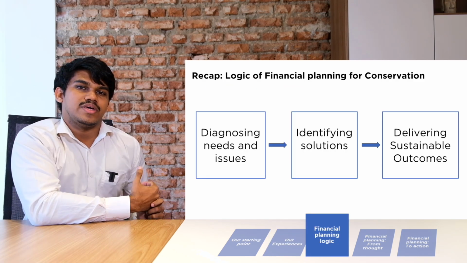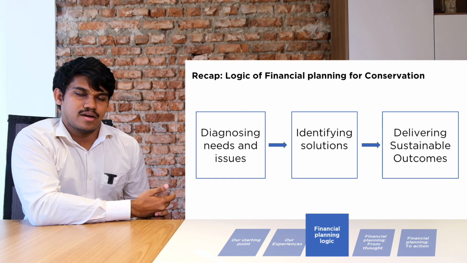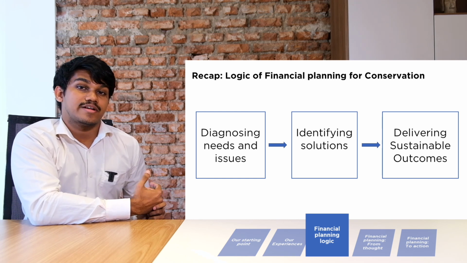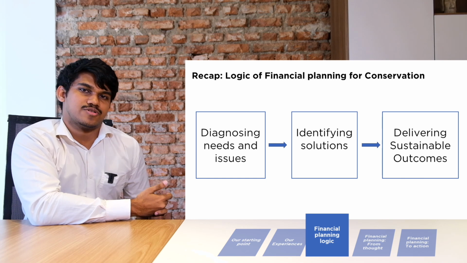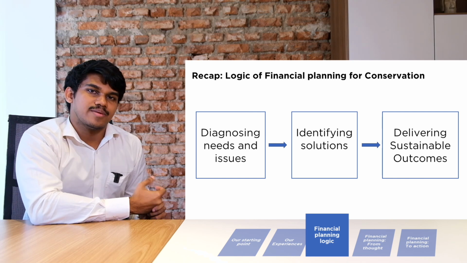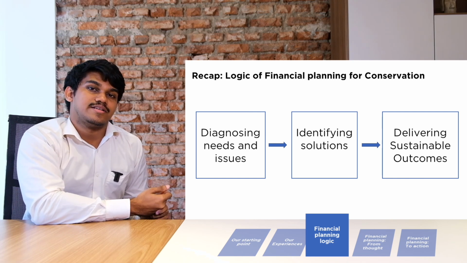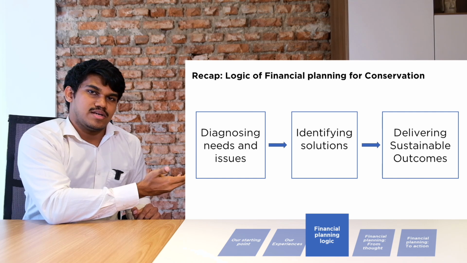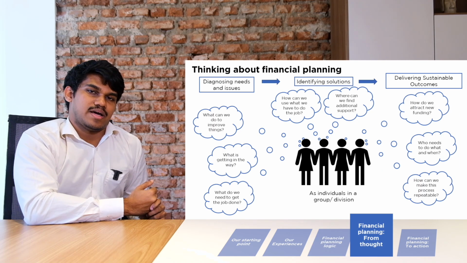It's important that thinking about conservation planning and the resulting financial planning around it is approached in this way. However, we know that different individuals thinking about financial planning is likely to lead to discussing and executing such financial plans in terms of organizations and structures coming together.